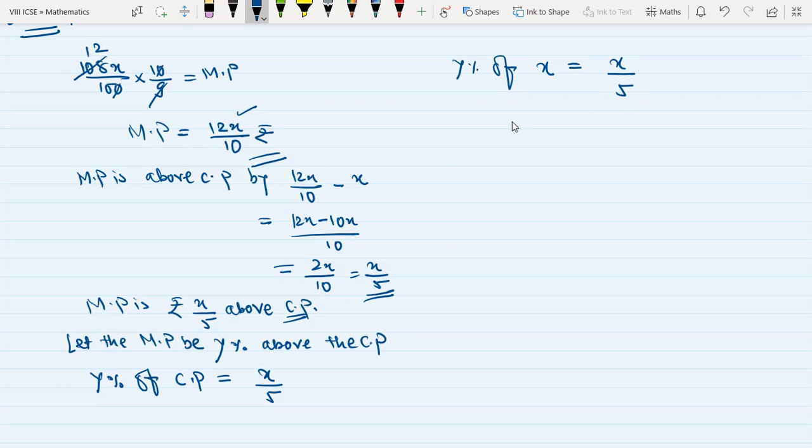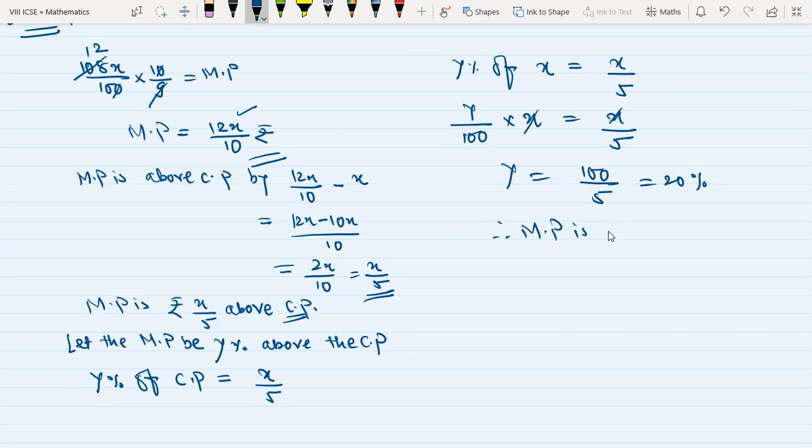So y upon 100 multiplied by x is equal to x by 5. We'll cut x and shift 100 to the other side, and we are getting 20. Therefore, mark price is 20% above cost price.